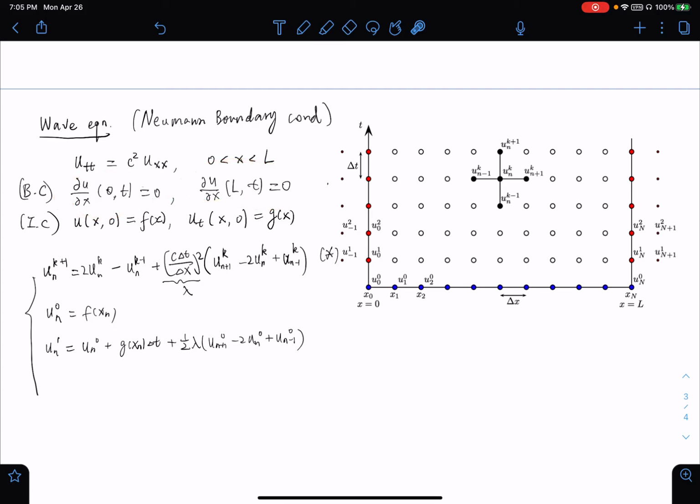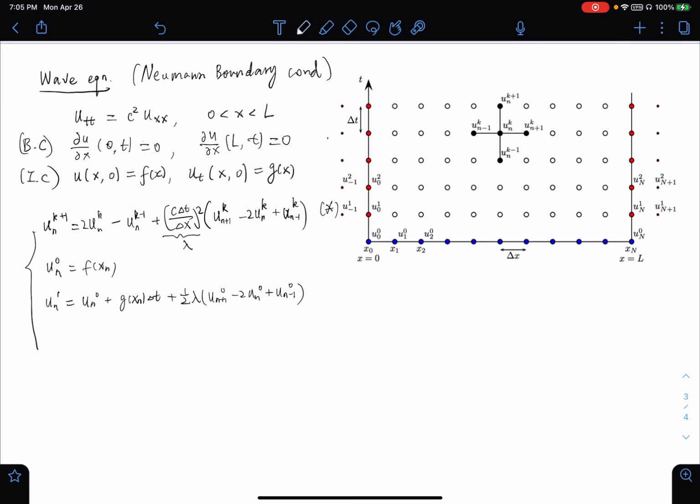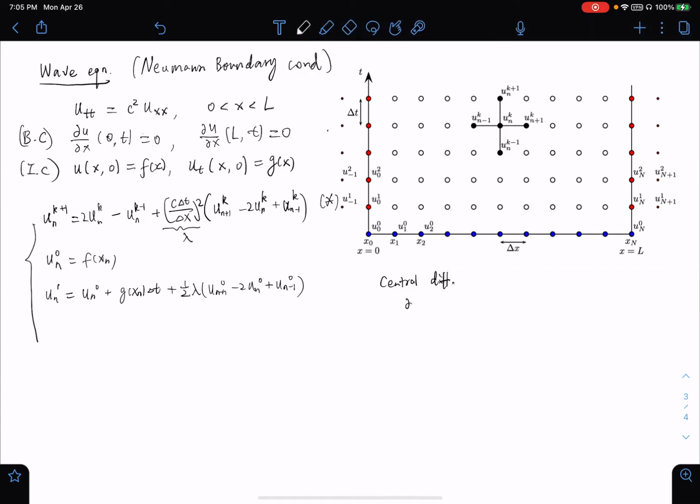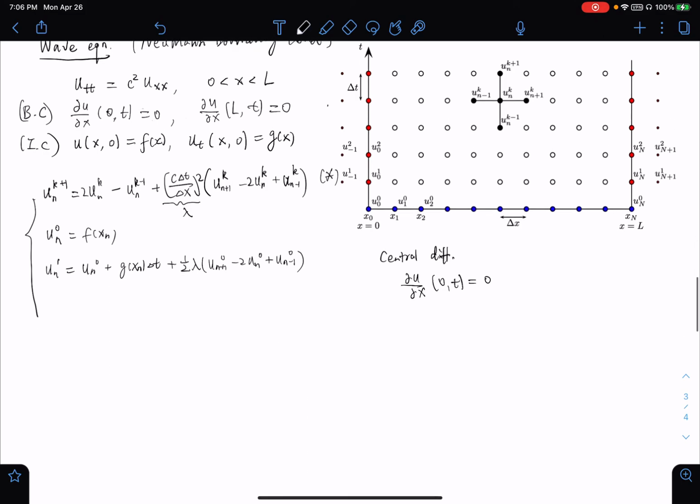So let us do that really quick again, because it's the same as in the case of the heat equation when we have the Neumann boundary condition. For example, for the left boundary point, partial u partial x at (0, t) is equal to 0.